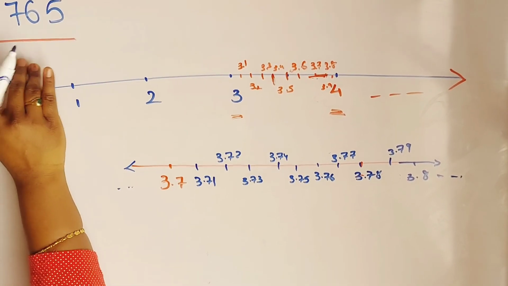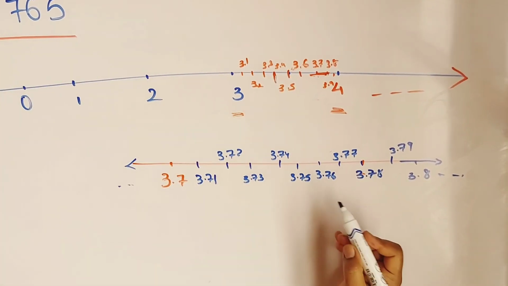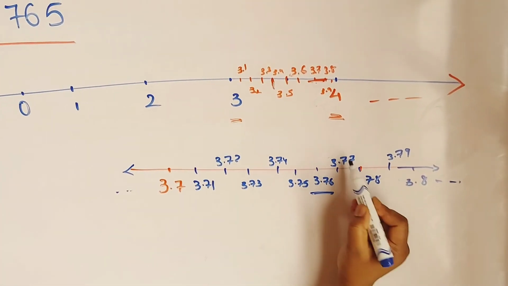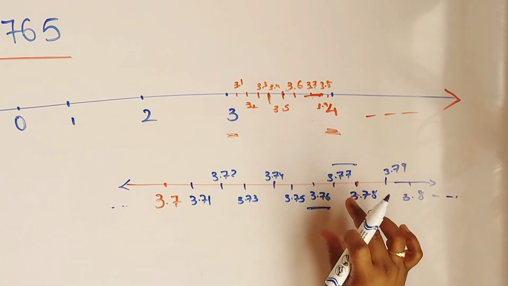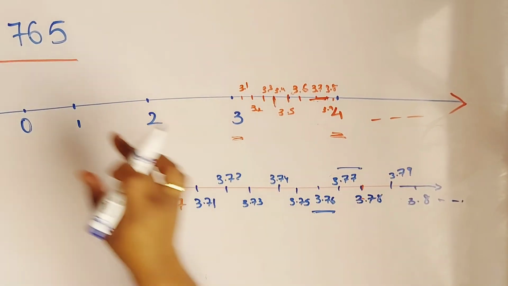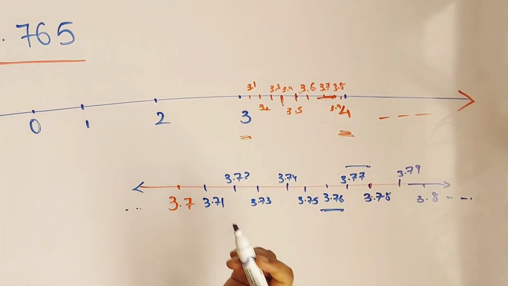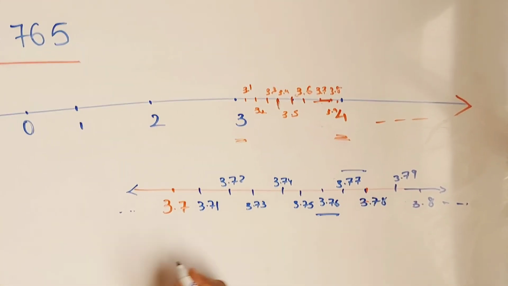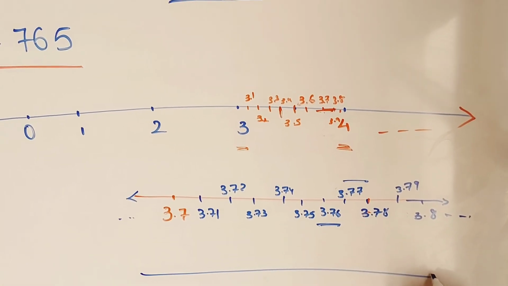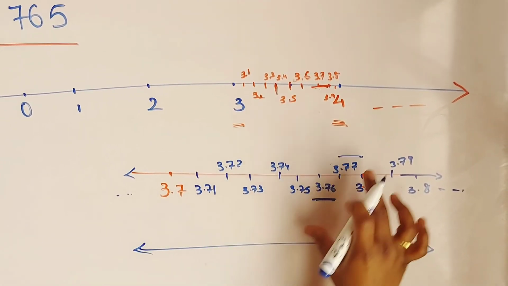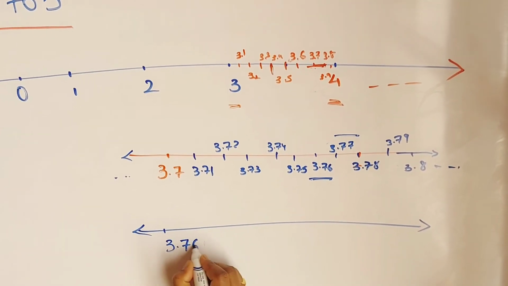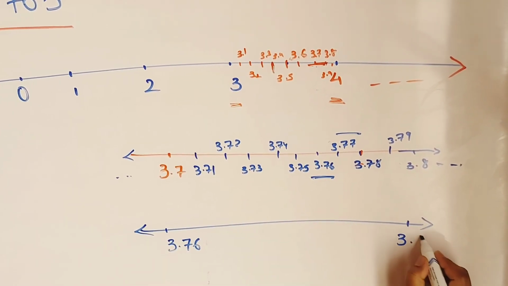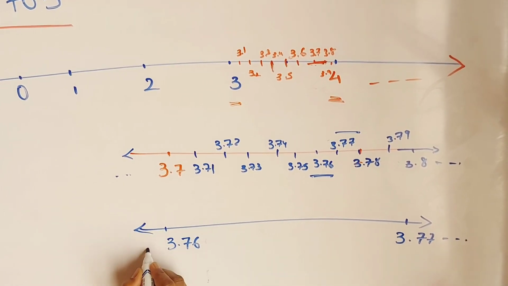Now our number is 3.765. So that means 3.76 and 3.77. 765, right? In between these two numbers, 3.765 will be there. So now again we will use successive magnification with these two numbers. That means 3.76 and 3.77.